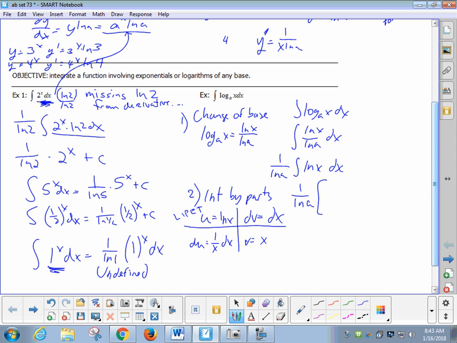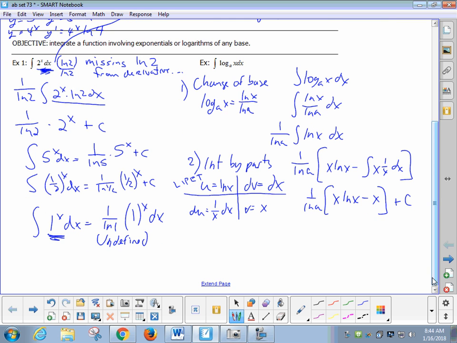Ultraviolet is uv, or x natural log of x, minus voodoo, v du, is x times 1 over x dx. 1 over natural log of a, x natural log of x is fine, and the antiderivative of 1 is x plus c.